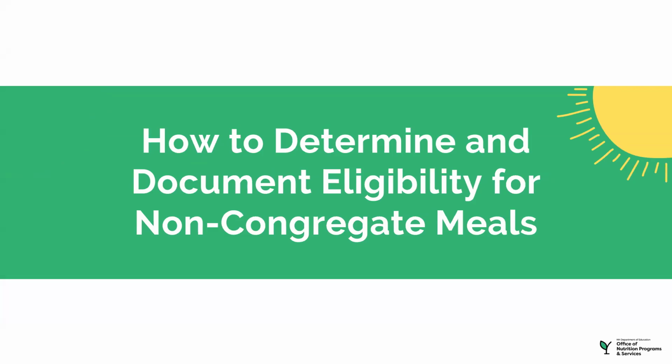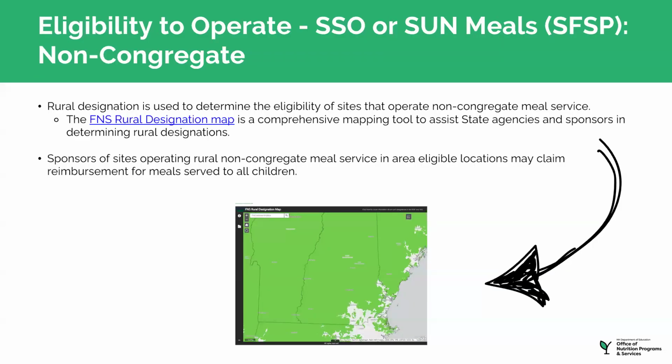So to determine if a site is rural and eligible to operate a non-congregate meal service, the site will need to check the USDA rural designation mapper. So here's a picture of what that mapper would look like. If the site is determined to be rural by this mapper, then you may operate a non-congregate meal service.